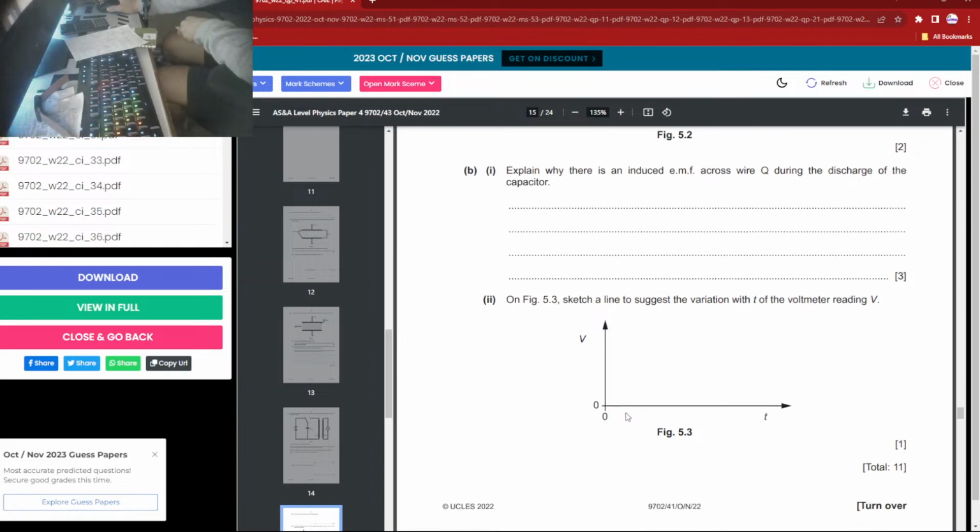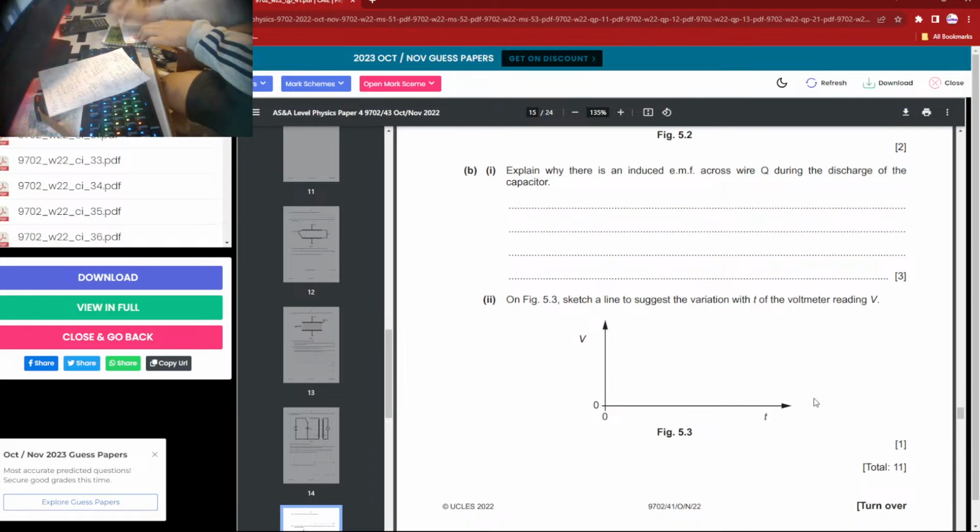On figure 5.3, sketch a line to suggest the variation with time of the voltmeter reading V. So I actually need more paper for this one. Just give me a second. More paper. Okay, this is 5B2.